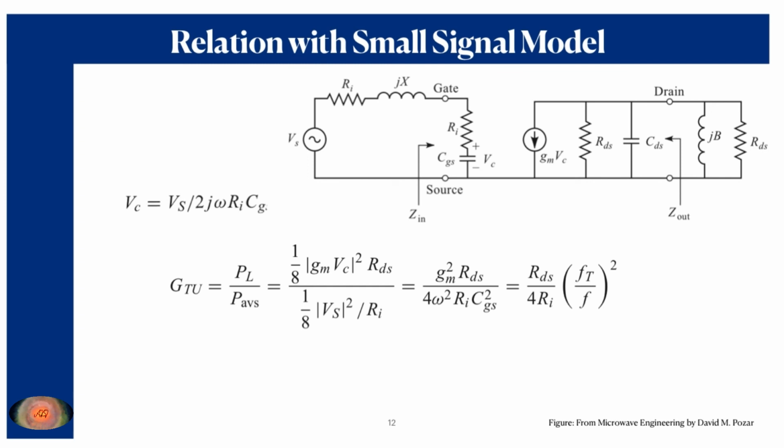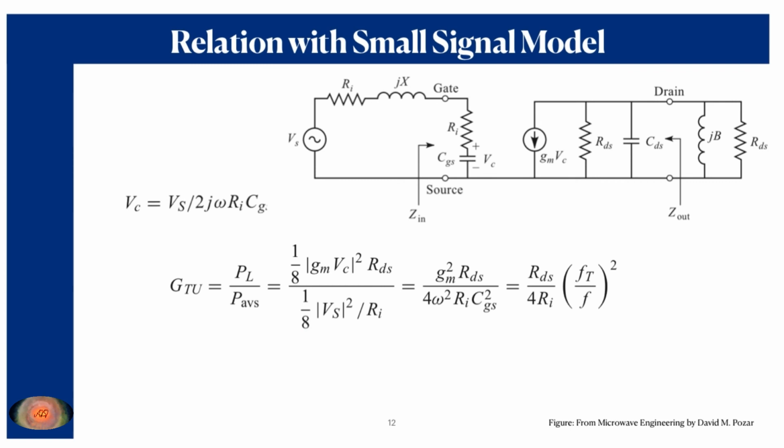Since the current source is gm times Vc, applying KVL within this output loop, you will get the power being dissipated across the load as shown on the numerator. The available power from the source can be written as this one, because since the reactive elements get cancelled out, only the resistance Ri dissipates power, and that can be written as shown over here.